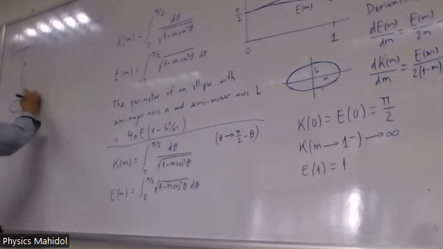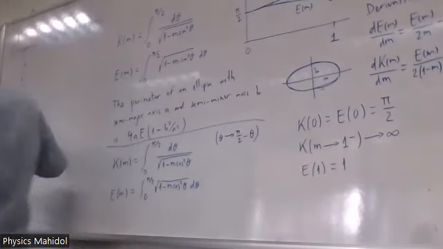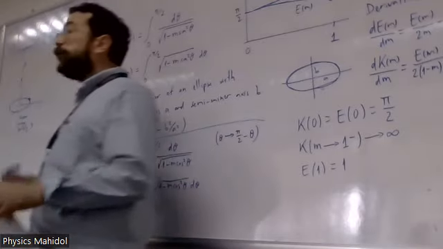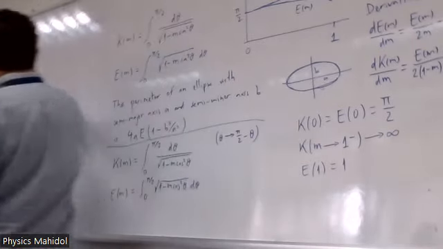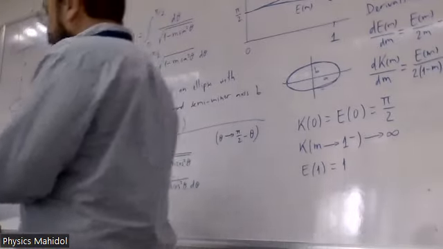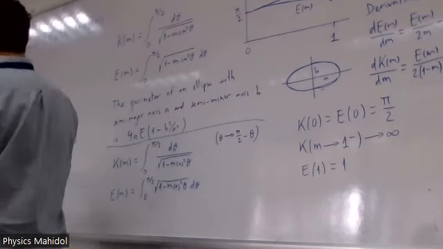Well, let's assume the charge on the ring is uniform. It has linear charge density that I'm going to call lambda, charge per unit length. And then you take a differential element of length, and you can calculate the distance.